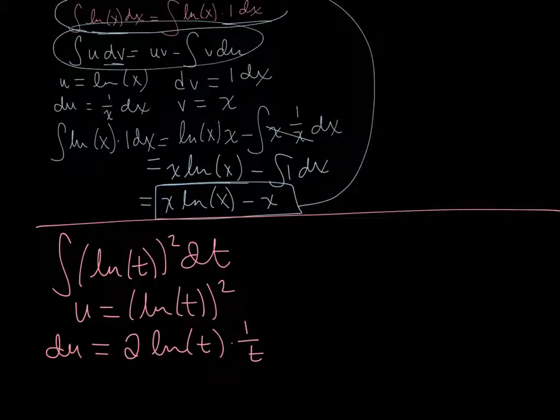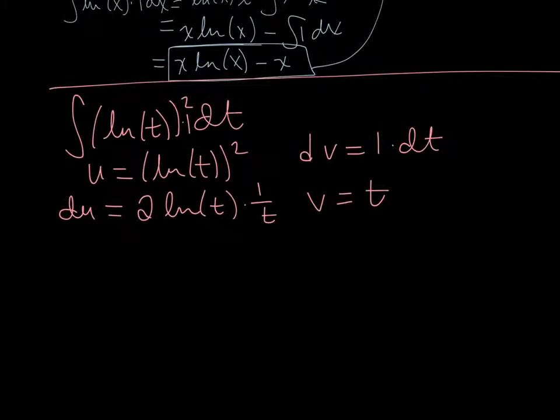And as before, if I say times 1, then I can simply say that my dv equals 1 dt. And so my v would equal t. So I'm doing the same thing that I did above.